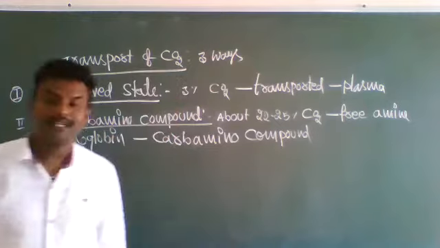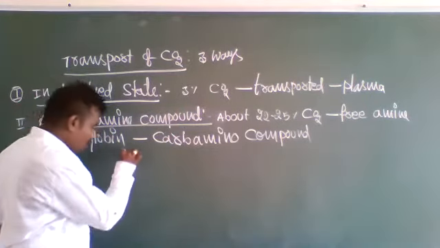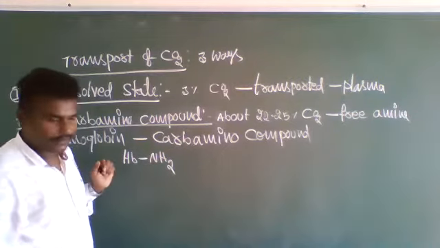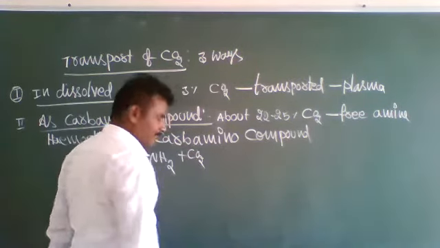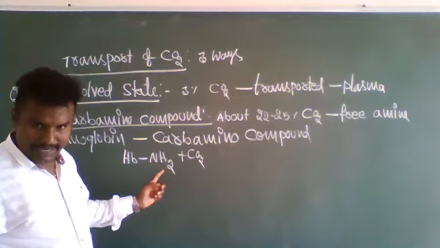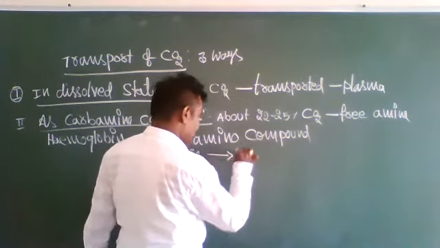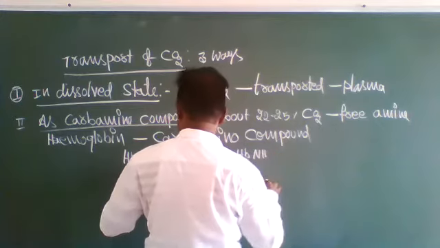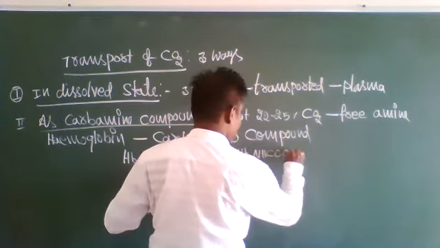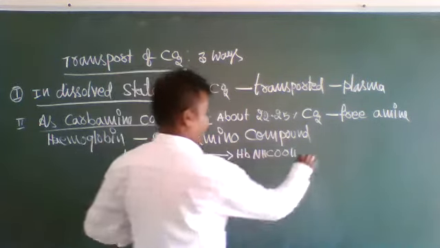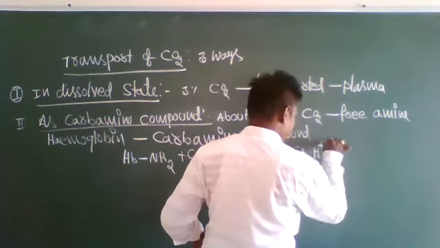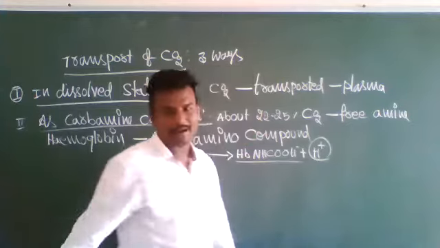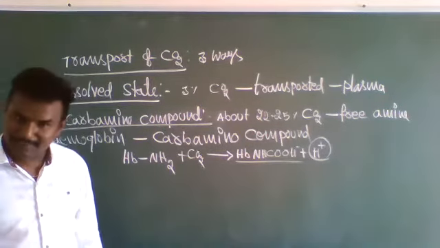Here, hemoglobin contains a free amine group, and carbon dioxide combines with the free amine group and forms what is called carbamino compound, in a reversible manner.